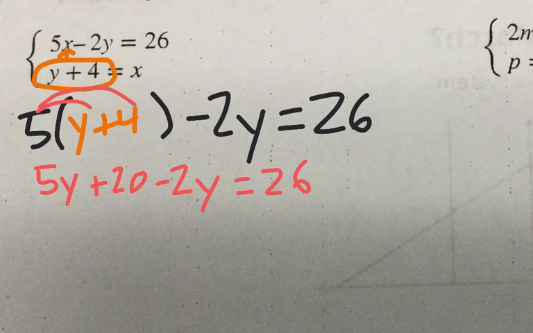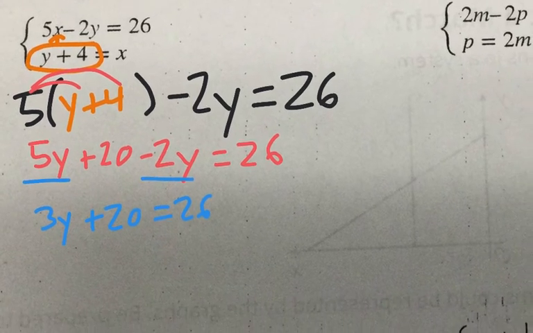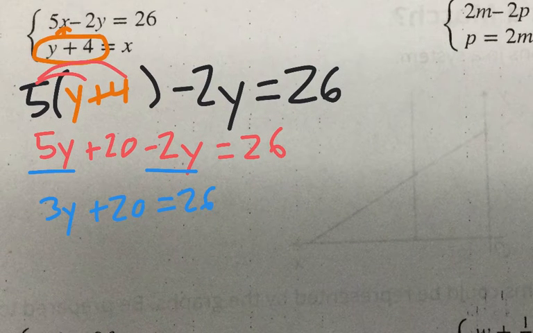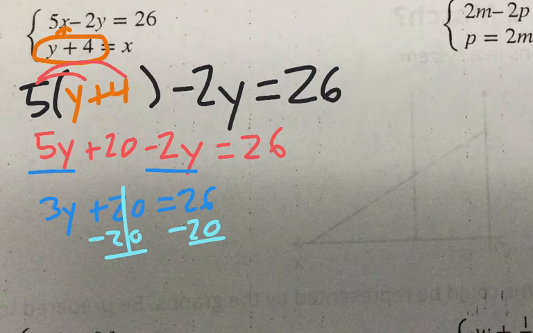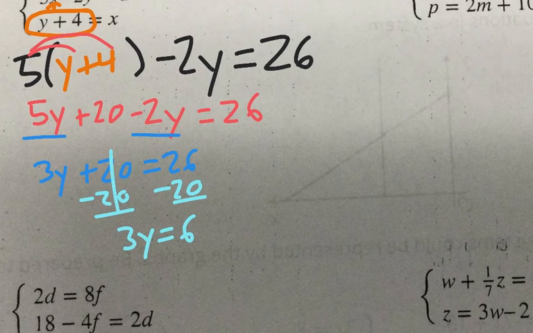Do I have any like terms? Yes. 5y minus 2y is 3y plus 20 equals 26. Now I just have a single y, so get it by itself. So I could subtract 20, which tells me 3y equals 6. And then divide by 3. y equals 2.